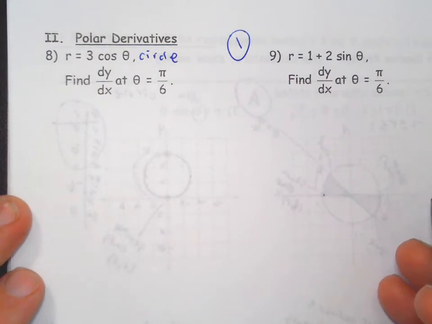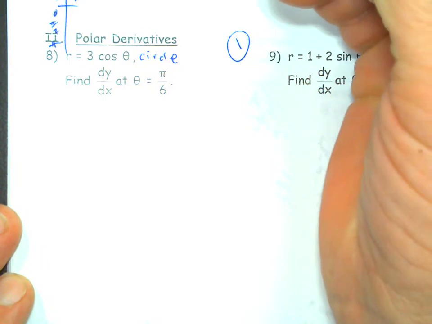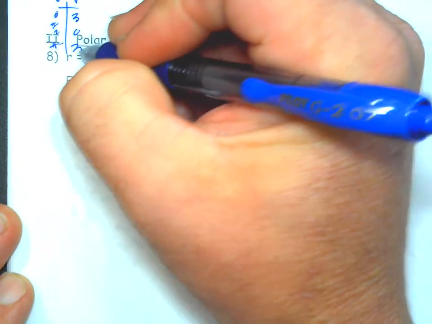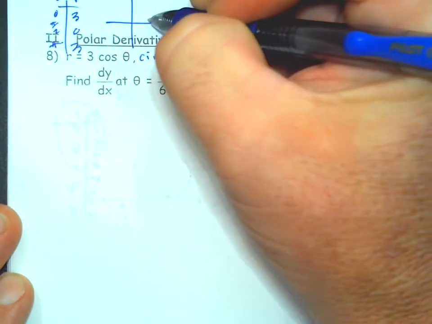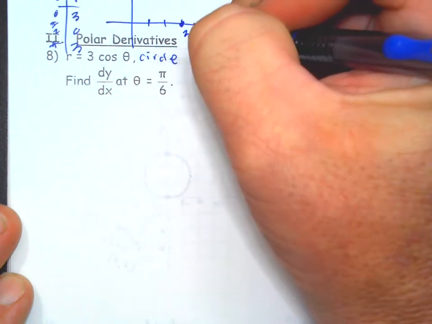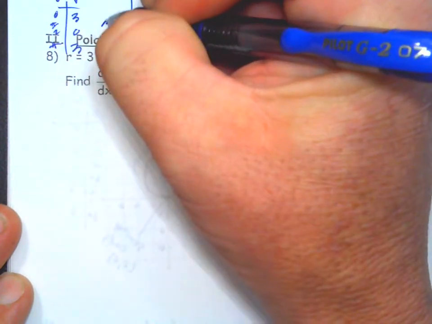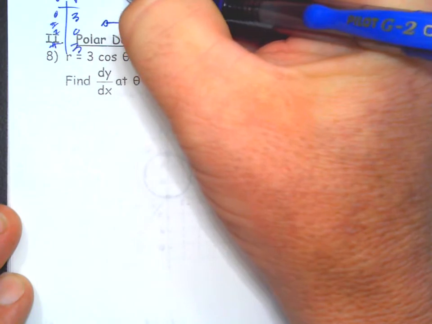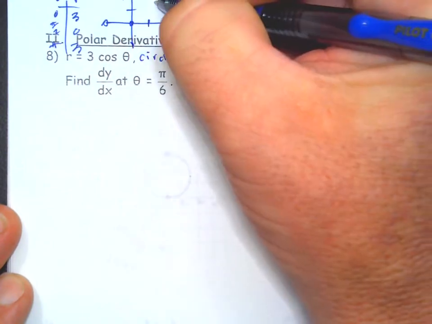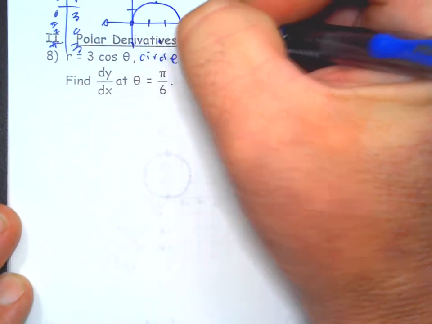So, this is a circle. And like I said, you're going to have more room on the test. It's going to be 3 cosine theta. So it's going to look like this. It's going to look like that.